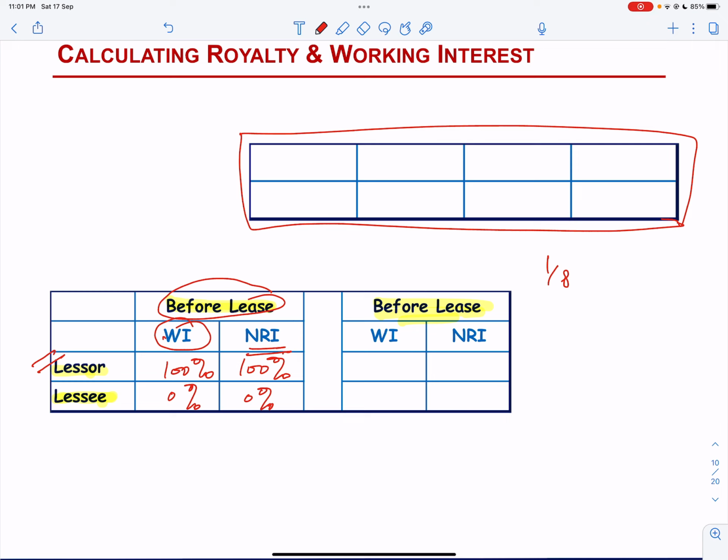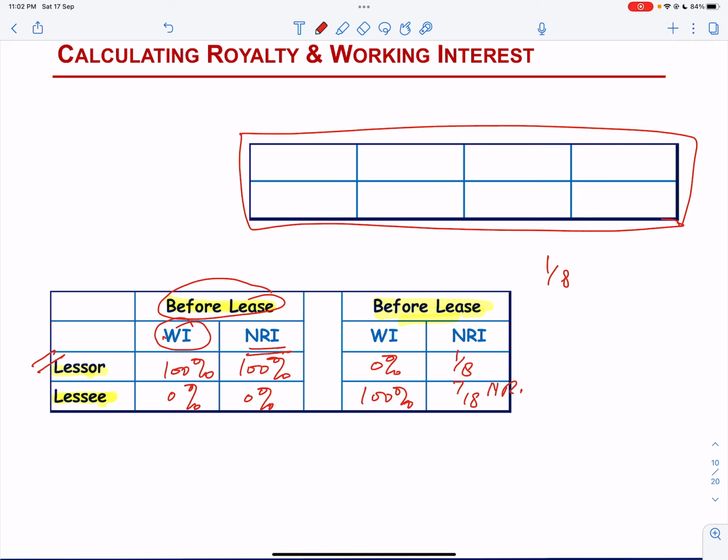After the lease, the lessor owns 0% of working interest and we assume he has agreed for 1/8 of the royalty interest in the net revenue, while the lessee now owns 100% of working interest and 7/8 of the net revenue interest.